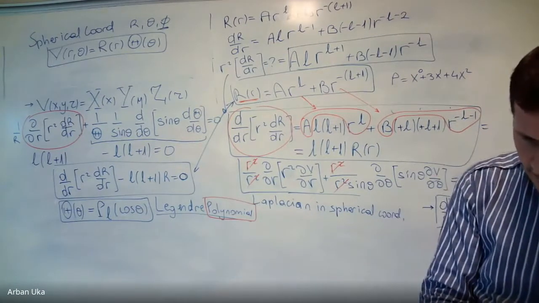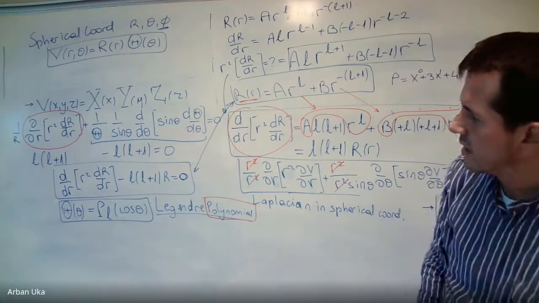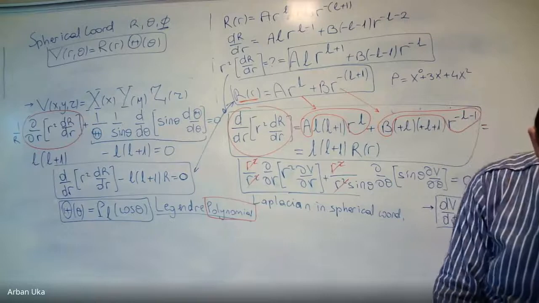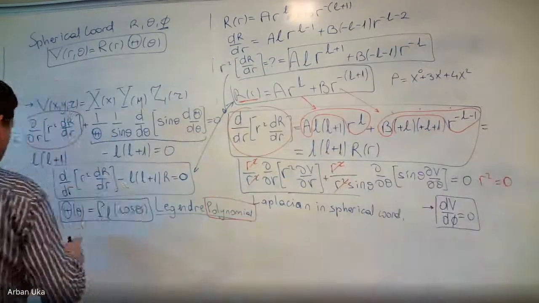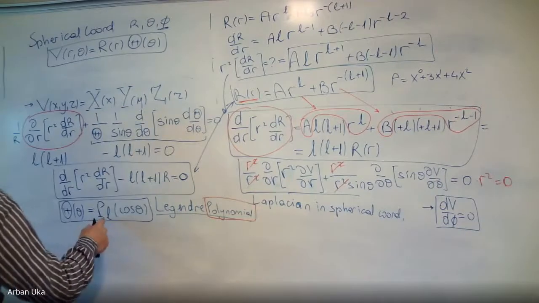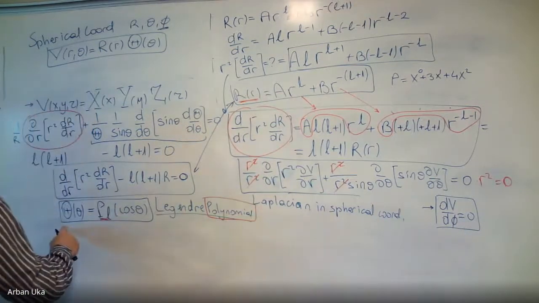Because these functions can be generated, or we can draw a recursive relationship for all of these. Now these polynomials, this is P_L, this means polynomials of degree L.